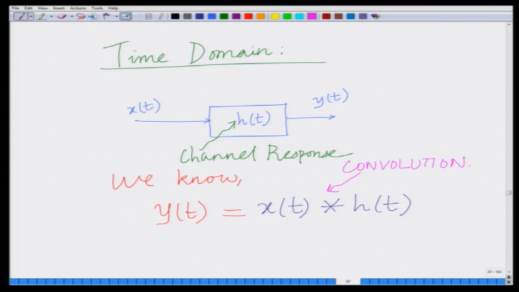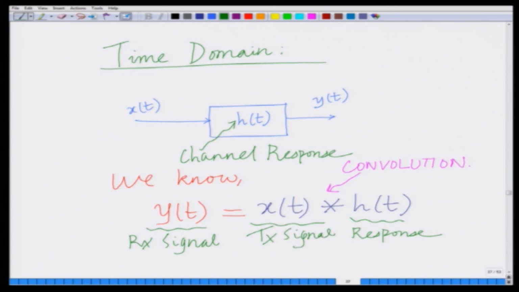So the received signal y(t), h(t) is the response of the channel, and x(t) is the transmitted signal. We can see y(t) equals x(t) convolved with h(t).